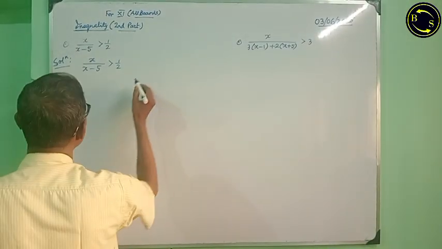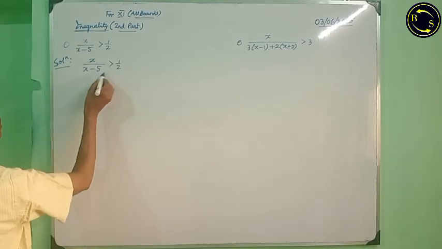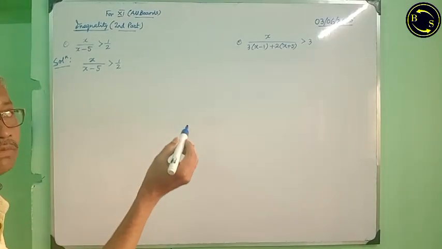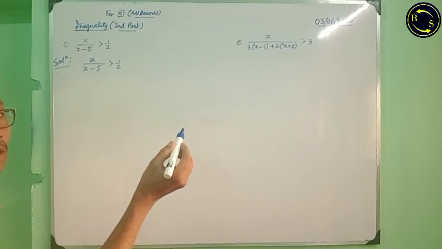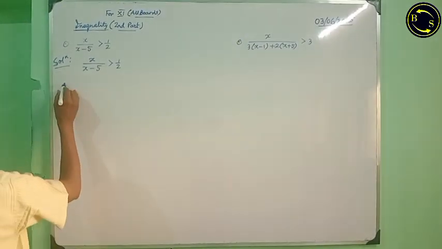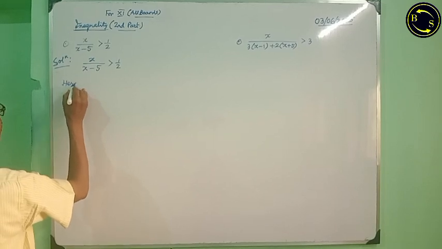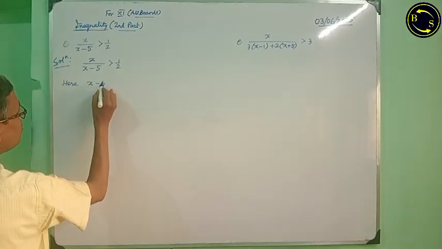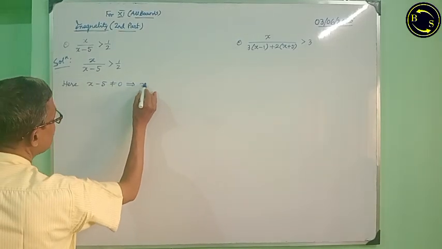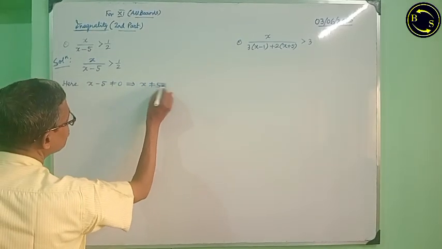Here you first mention this denominator cannot be 0. That means in that case division by 0. Denominator of fraction cannot be 0. First mention. Here x minus 5 not equal to 0. That means x is not equal to 5.